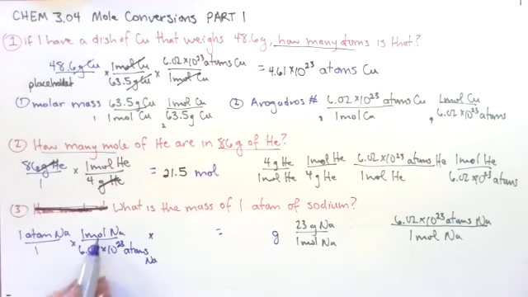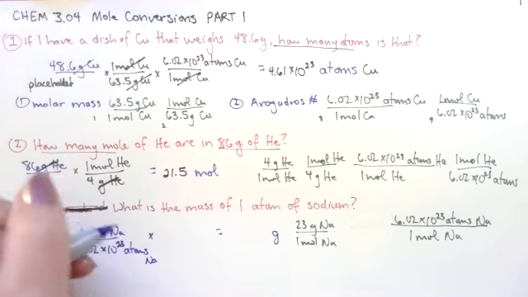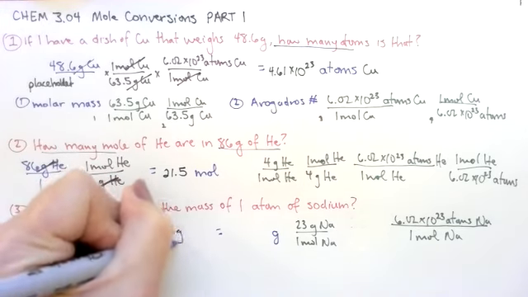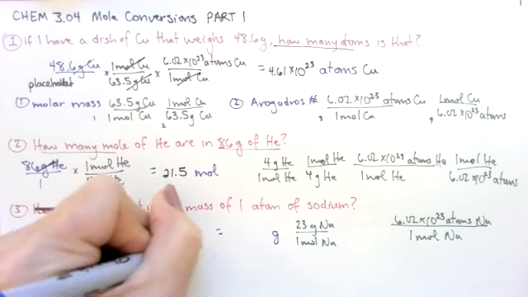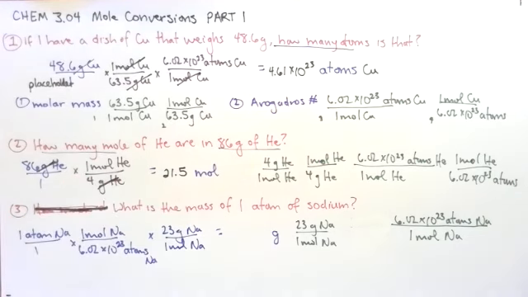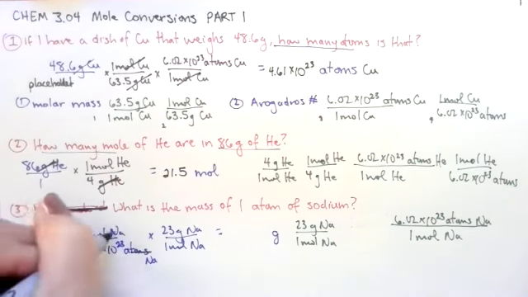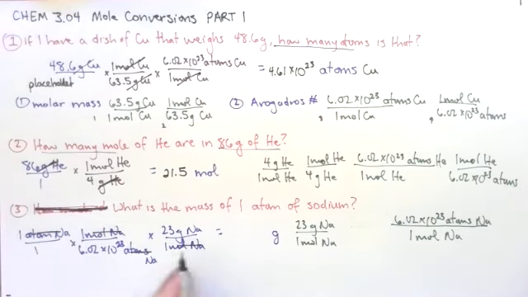I've got moles on the top, so that means I can put this guy in as is. So this is going to be 23 grams of sodium over 1 mole of sodium. All right, I want to cancel my units. I'm left with grams of sodium, which matches what I have over here.